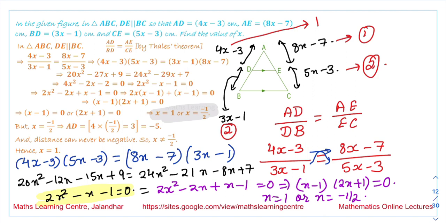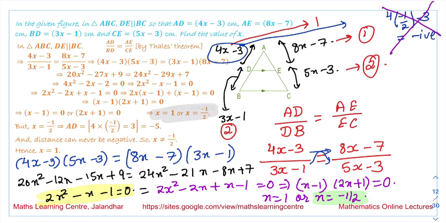But if we substitute the value of x is equal to minus 1 by 2 and calculate the value of AD, 4 into minus 1 by 2 minus 3, the answer we get is negative, and this is not possible. So x is not equal to minus 1 by 2. So what we are left with is that x is equal to 1.